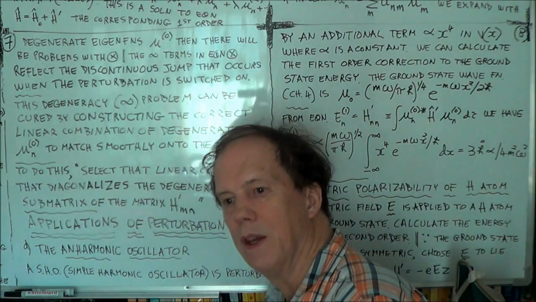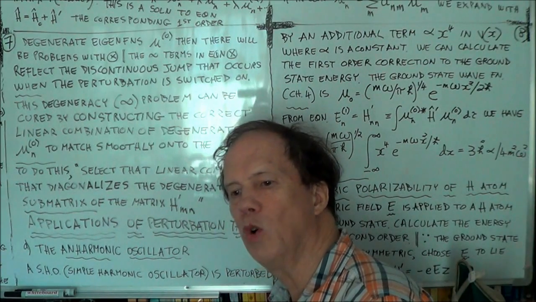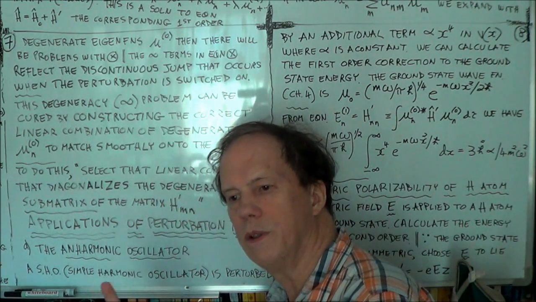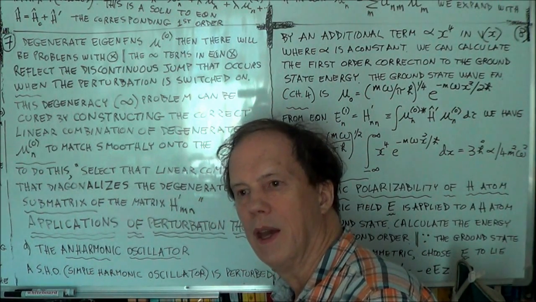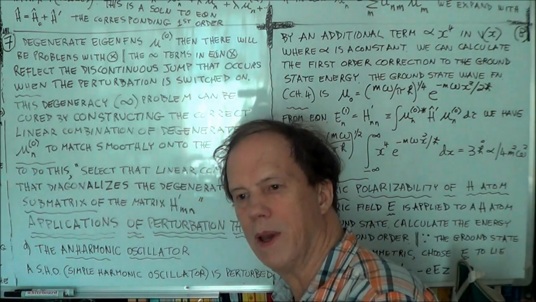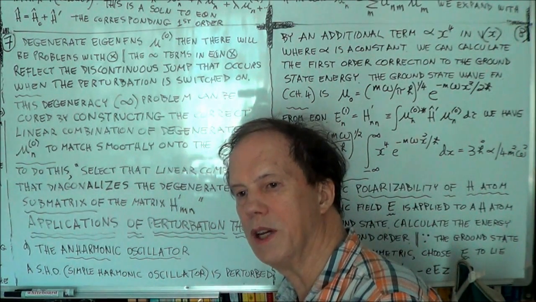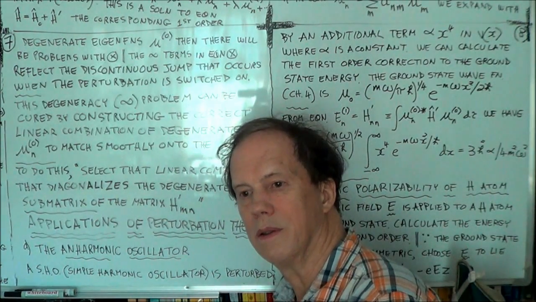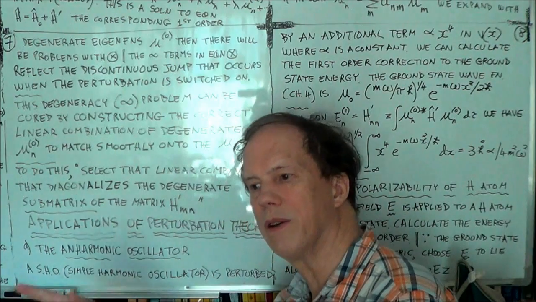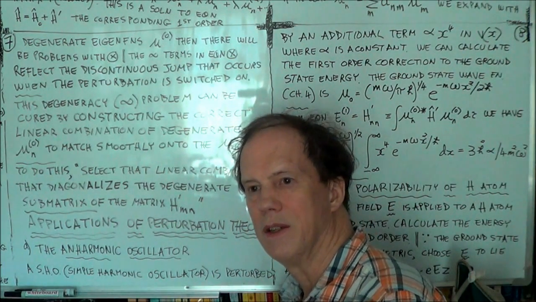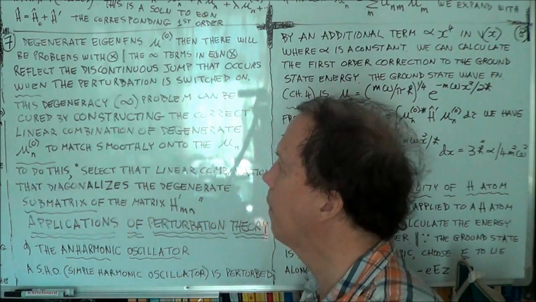Put it this way: put all the degenerate eigenstates in a bunch, and you can form a linear combination of them, and that linear combination will also be degenerate. It'll have the same eigenvalue as all the other degenerate eigenfunctions. So you can form a linear combination of those degenerate eigenfunctions.